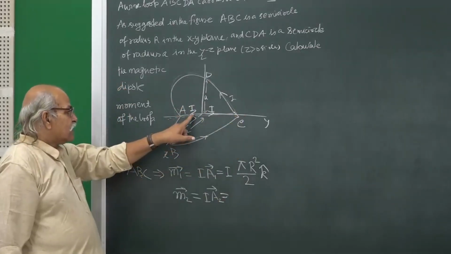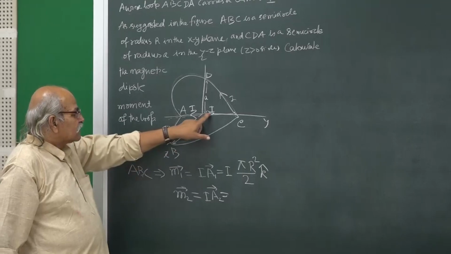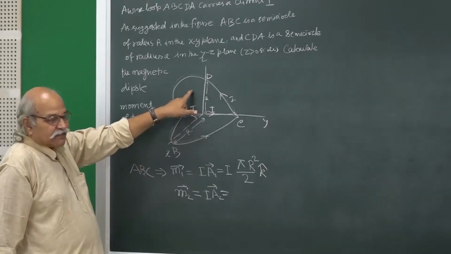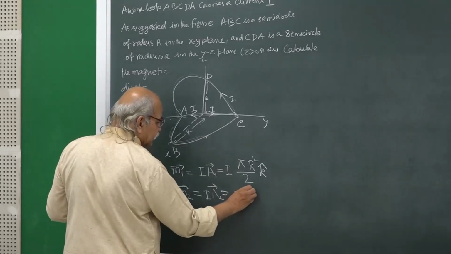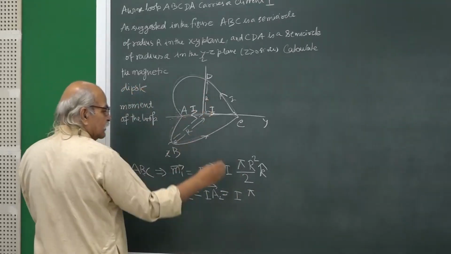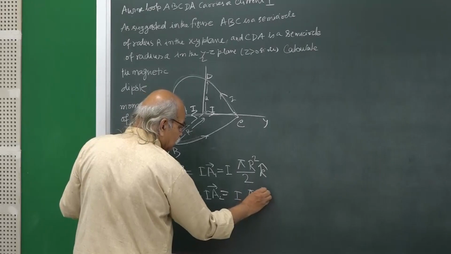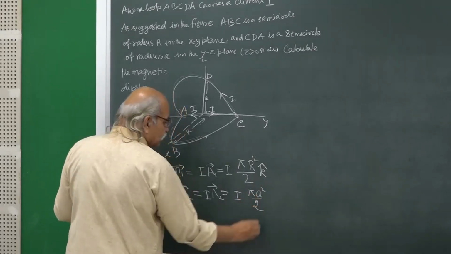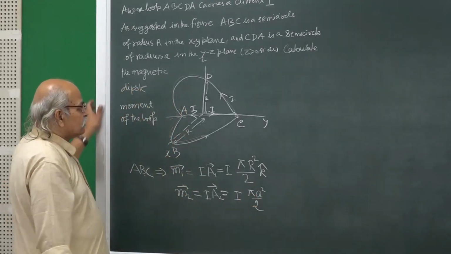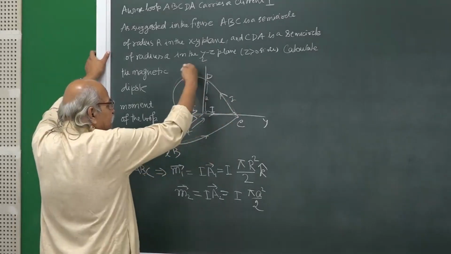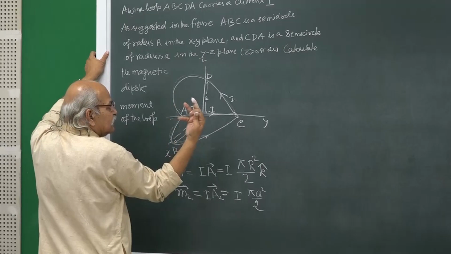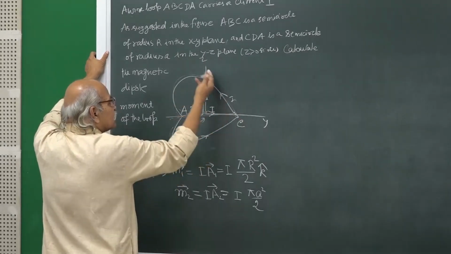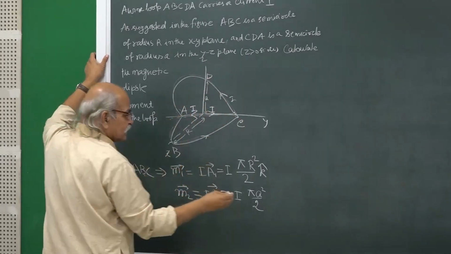This current I have used for this one, and this is I, a semicircle once again with radius small a. So pi a squared by 2, and the direction is again anti-clockwise. So this is coming towards me; this is y, this is z, x. So it is I cap.